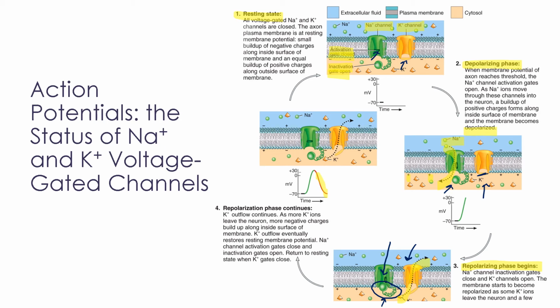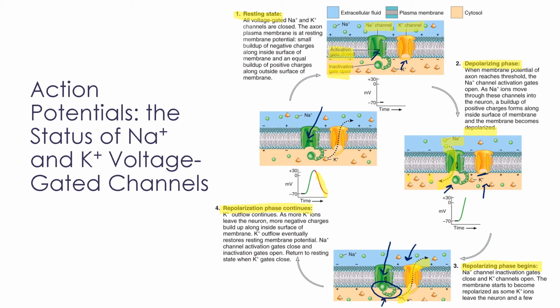So now throughout this repolarization phase, potassium will continue to flow out of the cell, and this will eventually restore the resting membrane potential. During this phase, the sodium channels also will close completely. So this gate will close during the end of the repolarization phase.